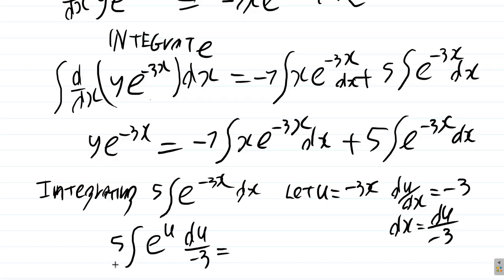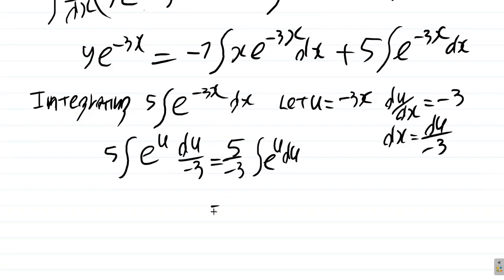So you can write it as 5 over negative 3 integral of e to the u du. So what it gives you is negative 5 over 3 e to the u. I won't put a plus c until I'm done with these two. Or if you want, I call it plus c1 then.